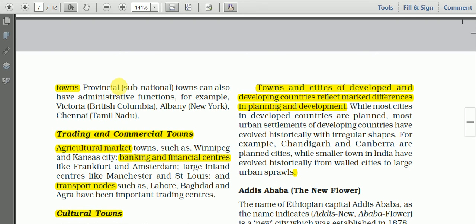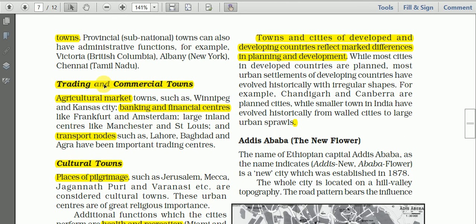Say for example Imphal, which has these administrative offices. Then we have Kohima, then Shillong. All these are examples of administrative towns. They perform administrative functions.